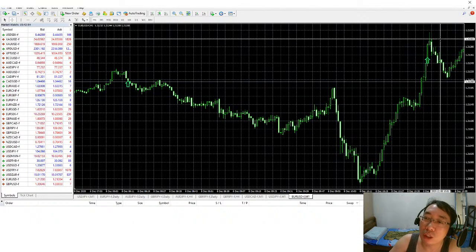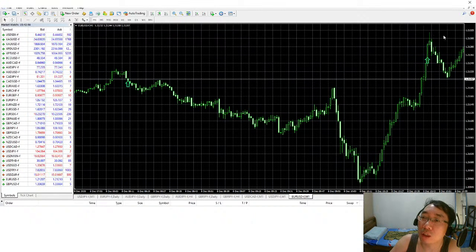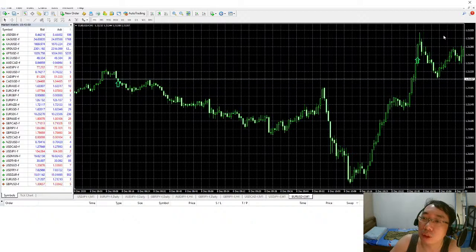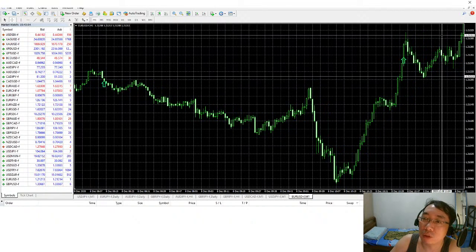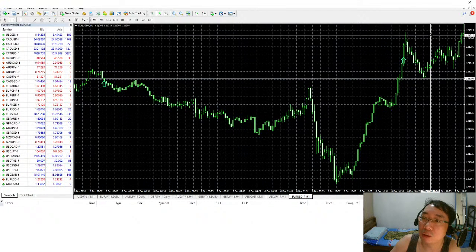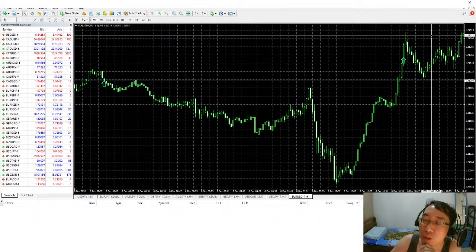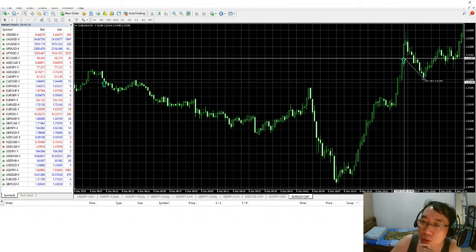Actually, if I had set my take profit around here, we would have taken profit. If I set my take profit here, which is near the previous resistance zone, it wouldn't have stopped out.